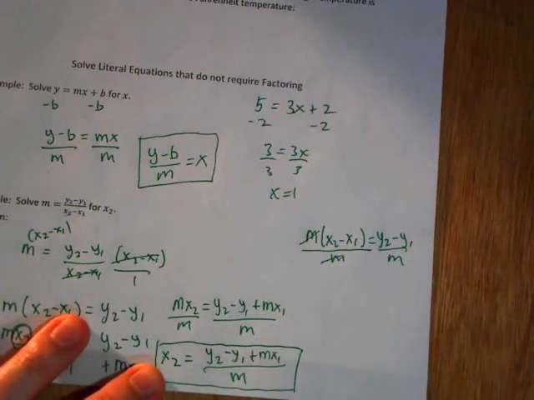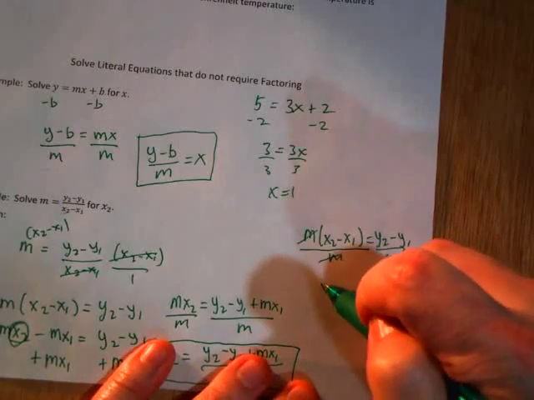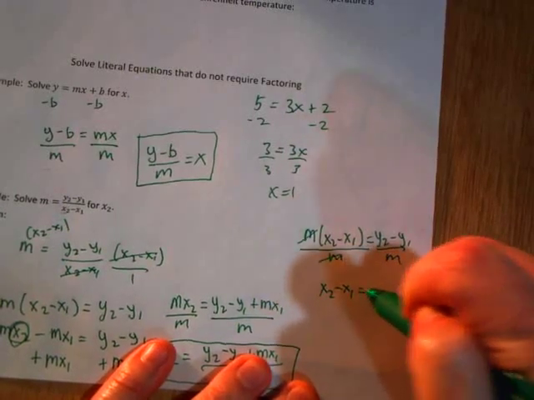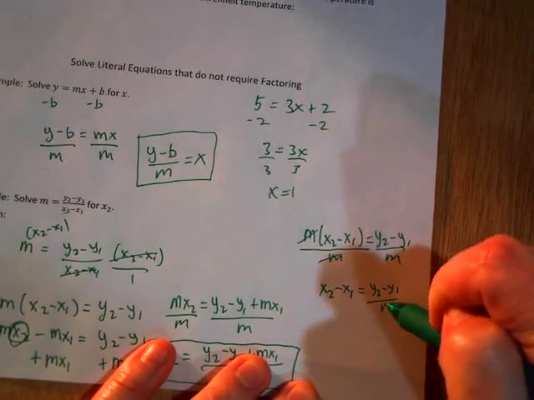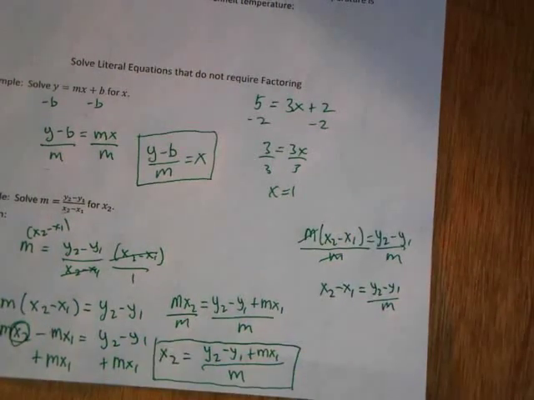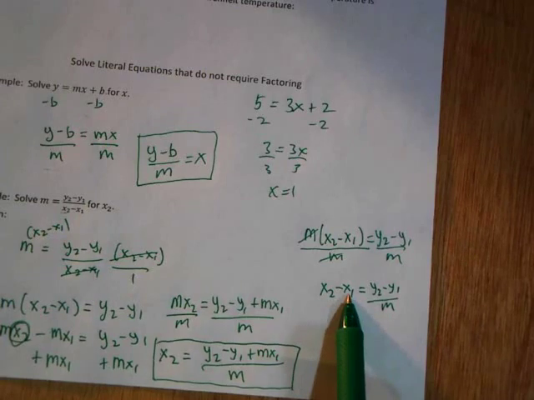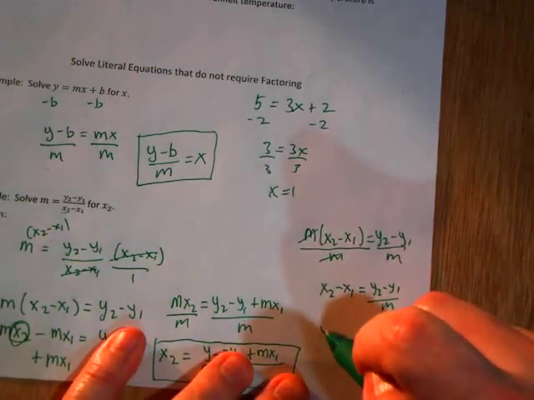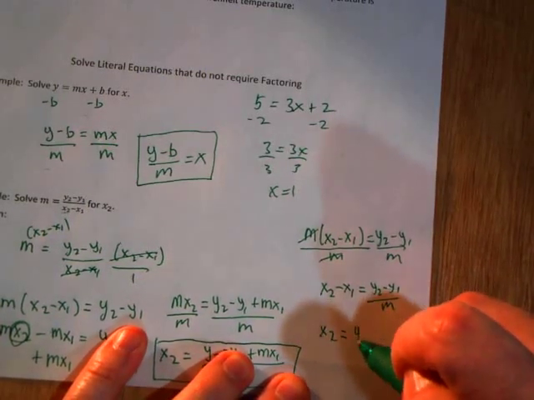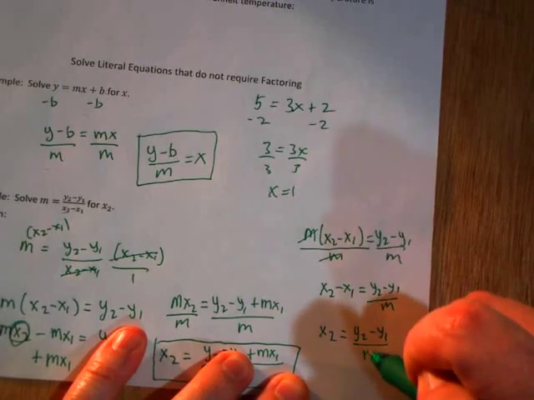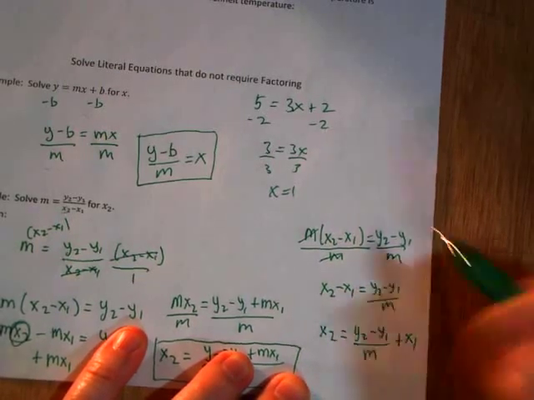Reduce the m's. And then you would have x2 minus x1 equals y2 minus y1 over m. And then, to get the x2 all by itself, it's connected by a subtract, so we would do an add. So x2 would be y2 minus y1 over m plus x1.